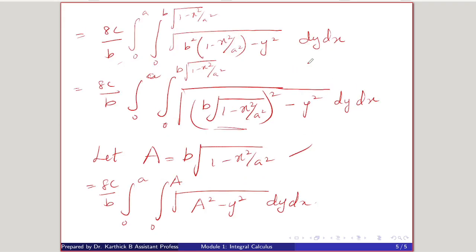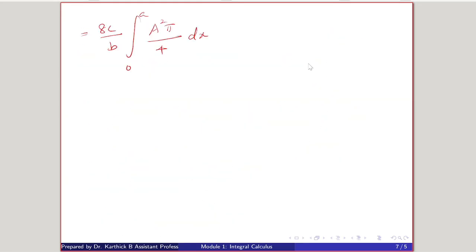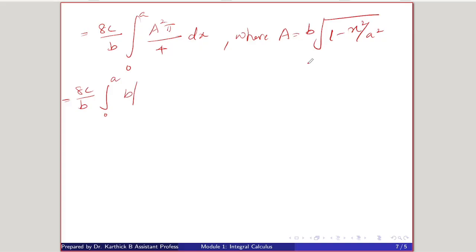What we assumed, the value capital A is equal to b into square root of 1 minus x square by a square. Okay, and then I may substitute the value here, 0 to small a, and capital A will be b, and 1 minus x square by a square, the whole square, into pi by 4 dx.